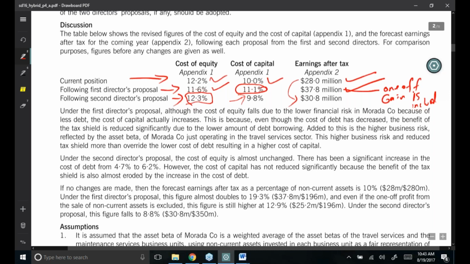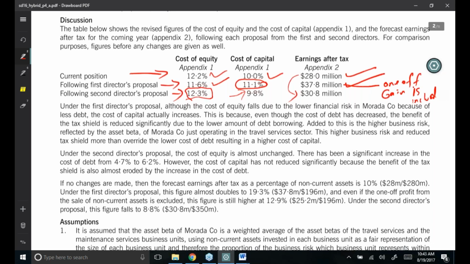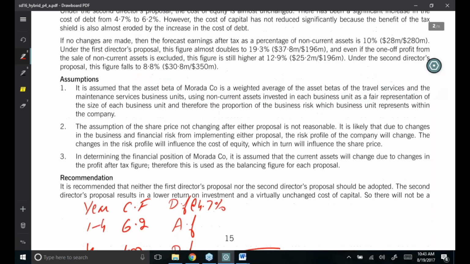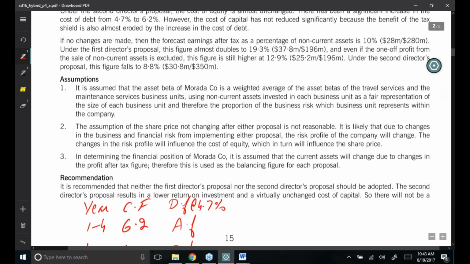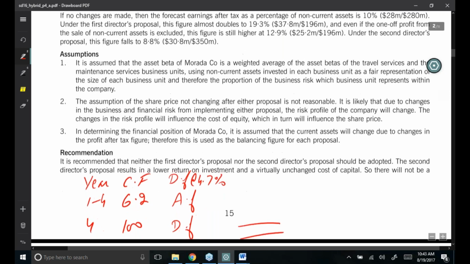So the first and second director proposals do not have that glorified an impact on the company's results. So what will you recommend? It is recommended that neither the first directed proposal nor the second directed proposal should be adopted. The second directed proposal results in a lower return on investment and a virtually unchanged cost of capital.